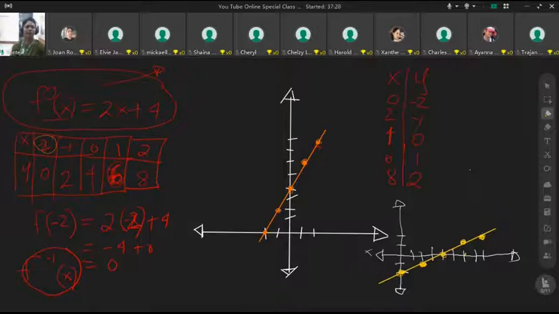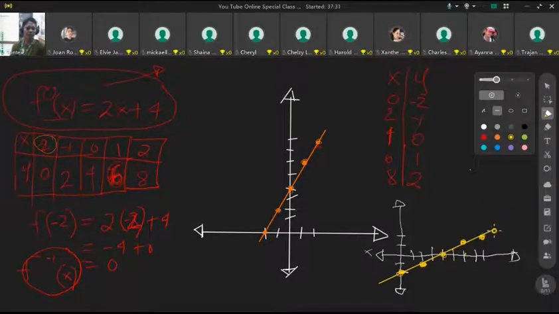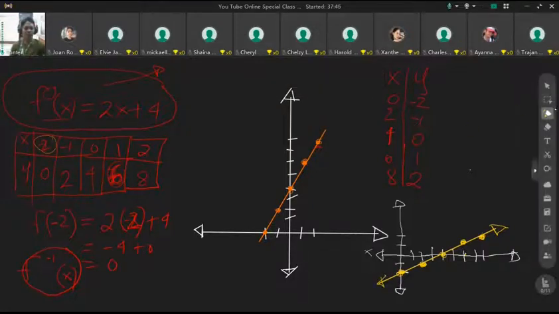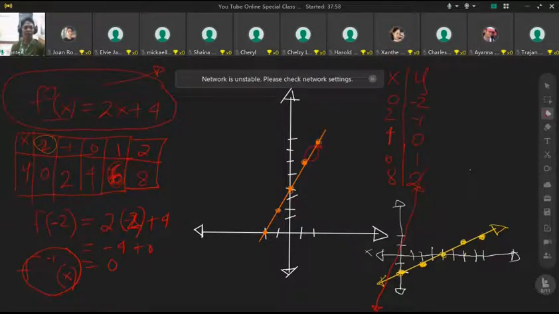Yan ang dapat na inverse. So kung mapansin nyo, kanina, the graph of the rational function is located here. Diyan ang function ng rational. And we all know that the inverse is the image reflected from the axis of symmetry which passes through this region.